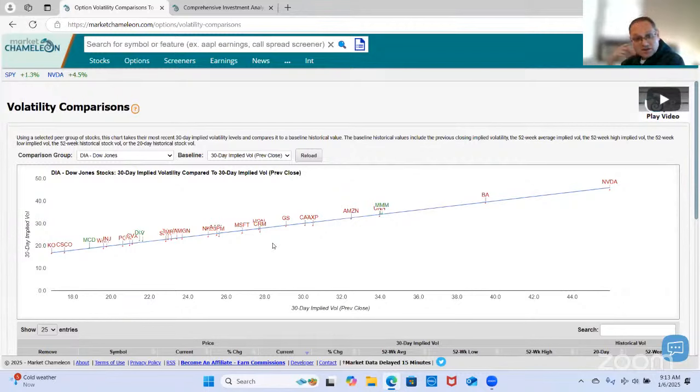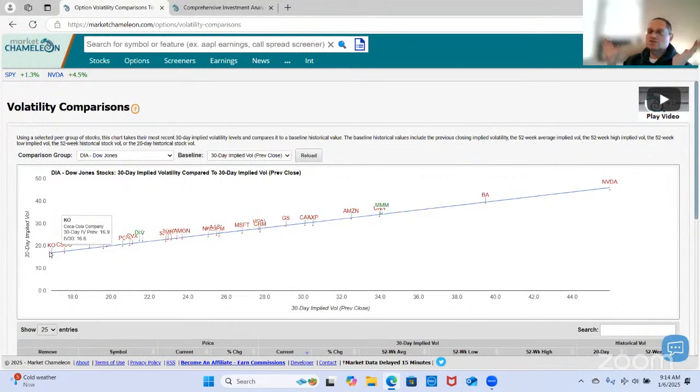What's going on? So that's the change on the day. What about on a relative basis? If we wanted to see where the implied volatility level is relative to its average, right? We see how much it changed on a day, but has any of them diverged far away from their average? Because even though Coca-Cola's implied volatility is the lowest in this group, relative to itself, it could be high, right?